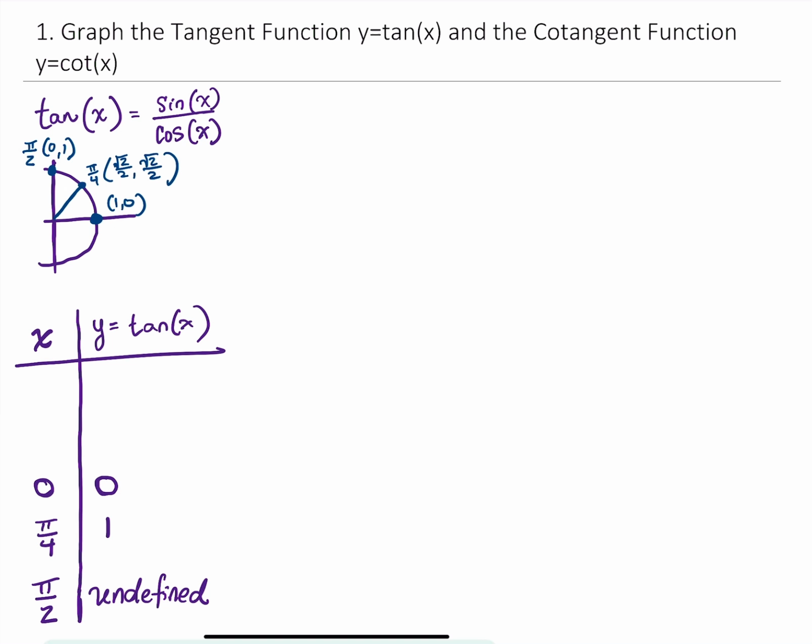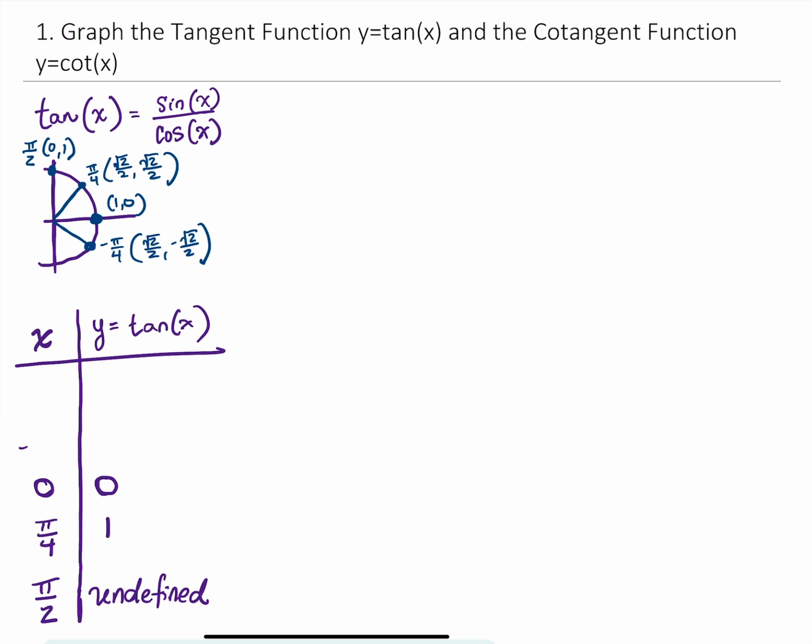So let's go in the negative direction. If we go down here, we can call this negative pi over 4, coterminal with 7 pi over 4. This would be the point, and let me label it, so this will be negative pi over 4. This will be the point positive root 2 over 2, negative root 2 over 2. Notice this time the tangent would be negative 1 because we're taking a negative divided by a positive. But that'll be easy for us to graph.